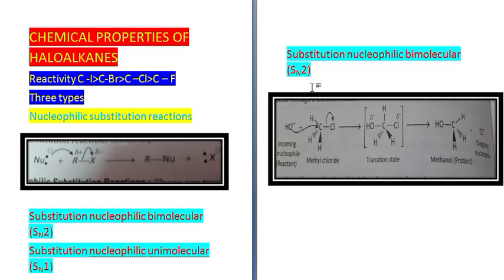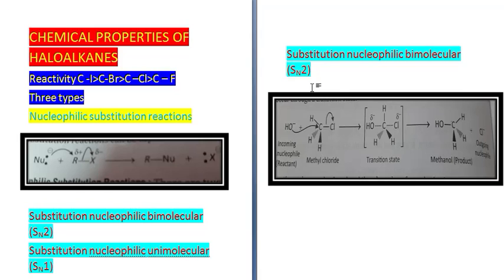You must be thinking, why SN2 first and SN1 later on? The reason being, SN2 is a single step reaction, whereas in SN1 two steps are involved. So SN2 is a simpler reaction, so we will be dealing with that first.